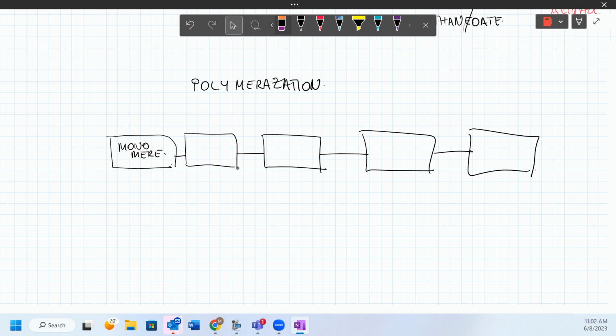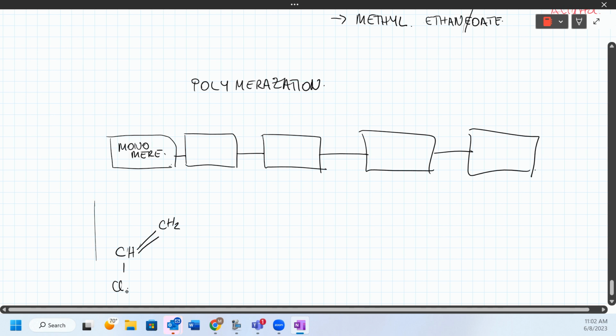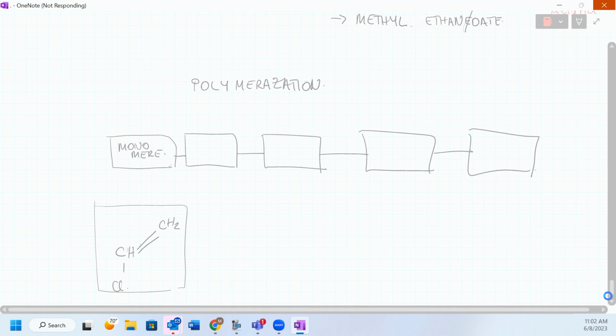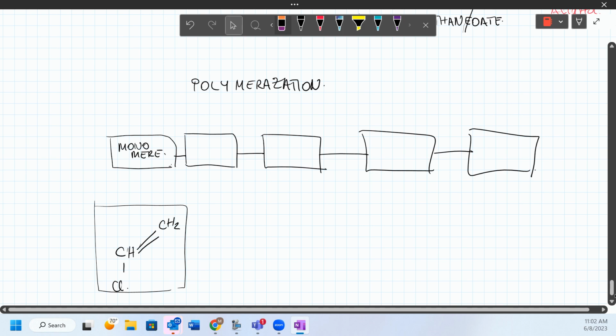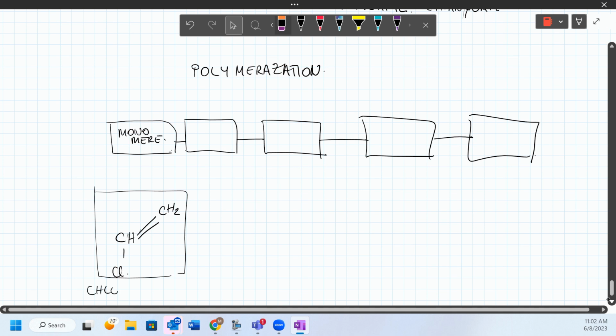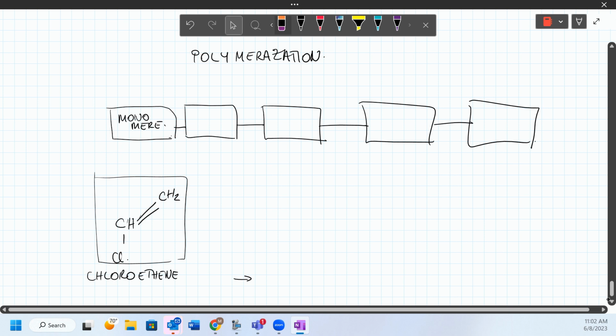Okay, so chloroethane is CH, and then we have CH2, and here we have a Cl. This is the mer, this is the block. When we are naming this, we just say that this as one molecule is chloroethane. And when we have more than one, we name it as polychloroethane.